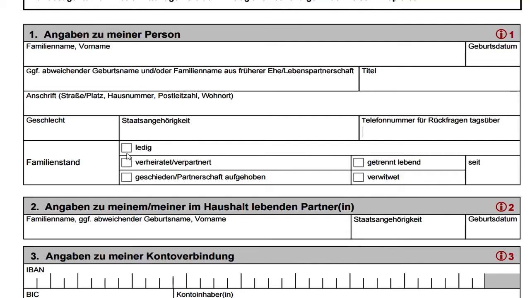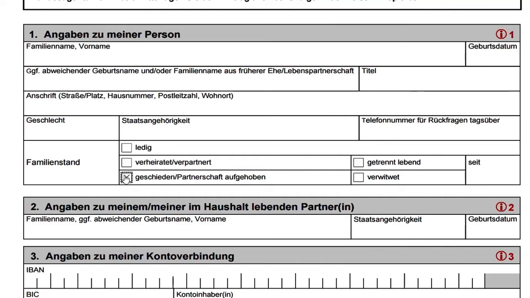I mean, if you're single, you mark here with a cross. If you're married or you have a civil partner, you mark here with a cross, and here you write since when you're married. If you're divorced or your civil partnership has been dissolved, you mark here with a cross, and here you write since when this has happened.